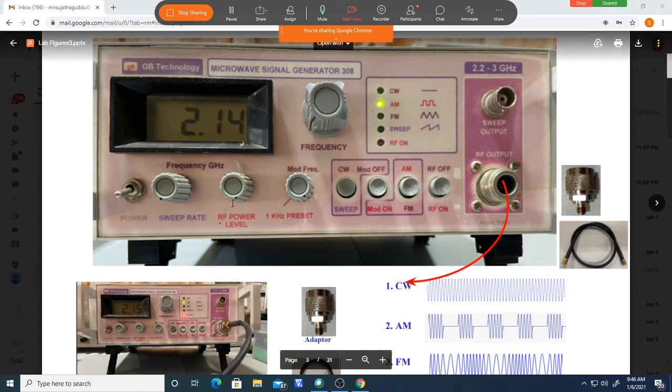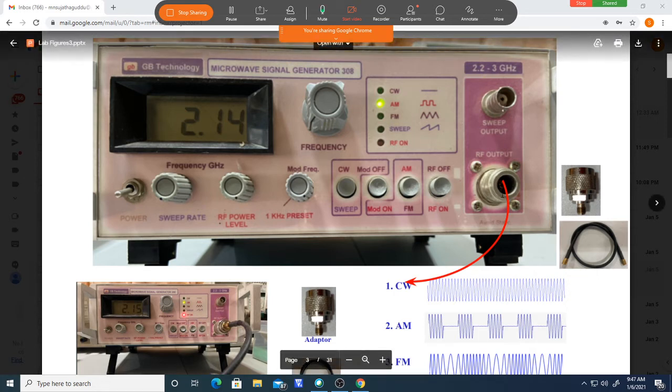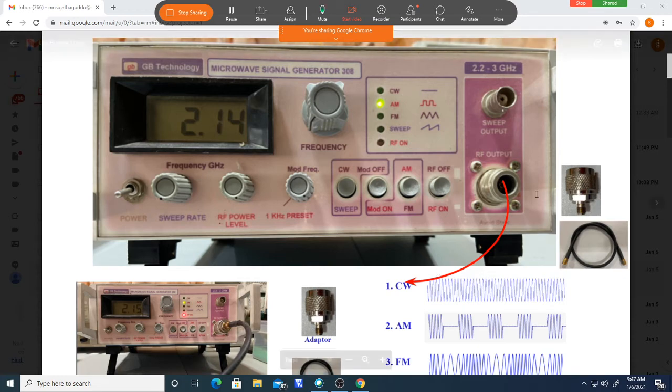That you can adjust by using this. You can rotate this. There is a black dot. If you rotate it anticlockwise and keep it in the leftmost position, that is the minimum power you can get. You have to measure how much it is.